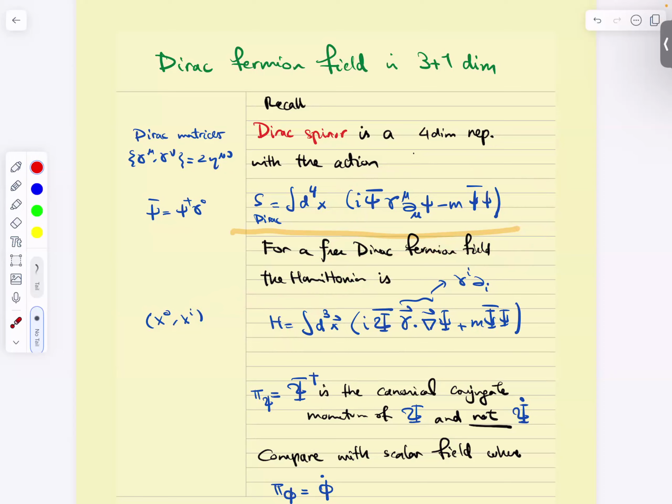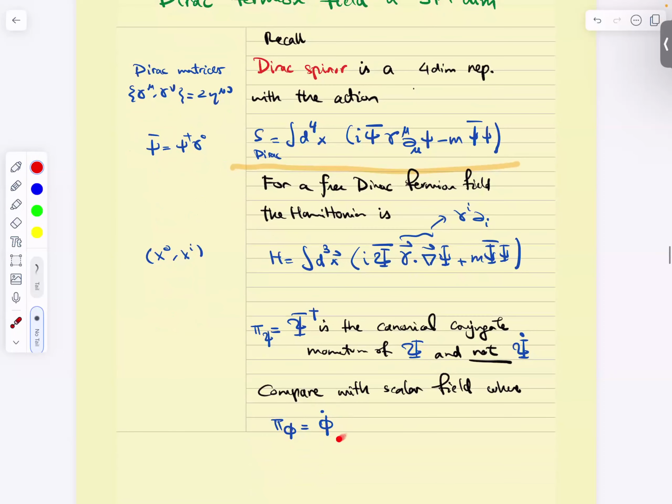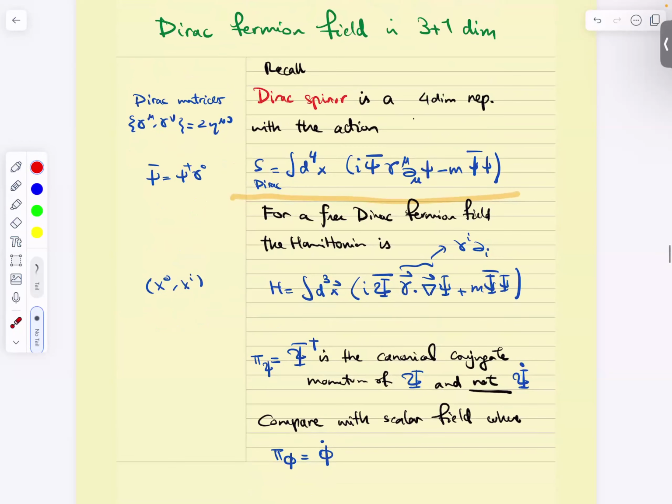In the case of a scalar field, you take a derivative with respect to phi dot. Here, because of the single derivative, psi dagger is the canonical conjugate of psi. That's very important. It has important consequences. I just wanted to make that comment and move on. All right, so this is a Dirac spinor.